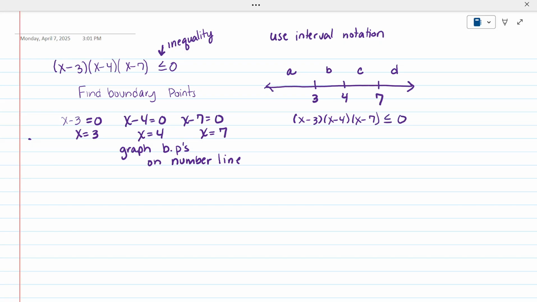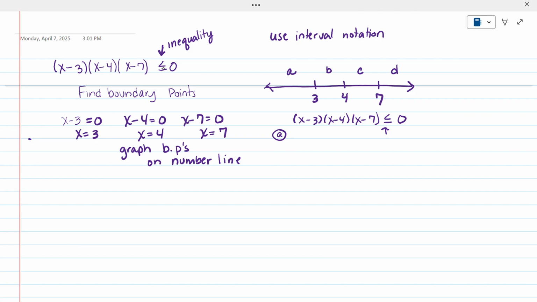And now notice that we're looking for values that are less than or equal to 0. So the less than 0 is the part we want to concentrate on. So let's think of a value in region A, which is going to be any number less than 3. So 2, of course, would be a good place to start.